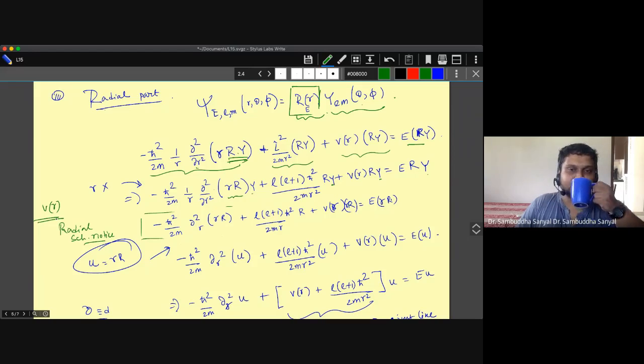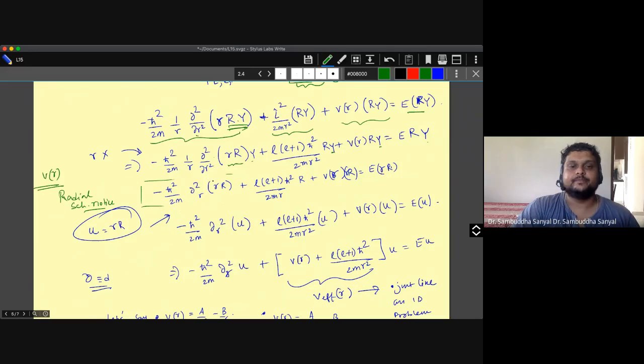The only part which we will discuss from now onwards is this R part, and this is essentially a 1D problem. You can see very easily it is just a one variable differential equation, so you can equally think of it as a one dimensional Schrodinger equation and visualize it that way.